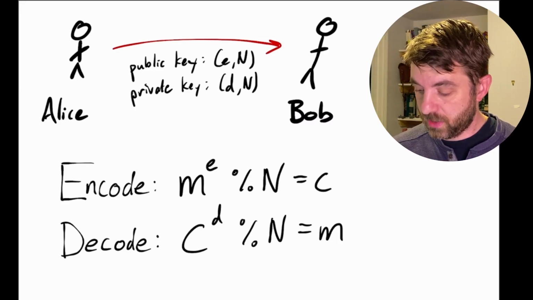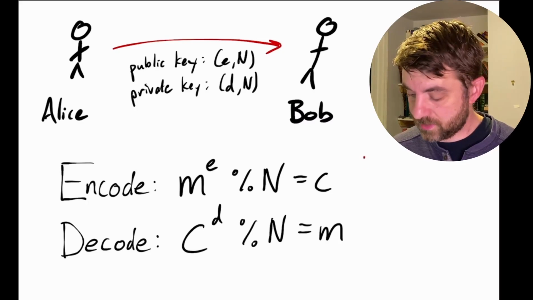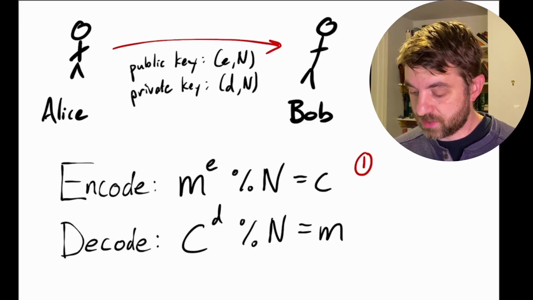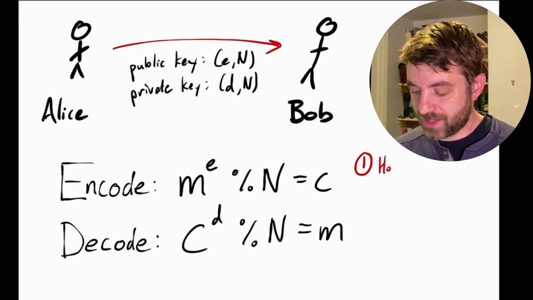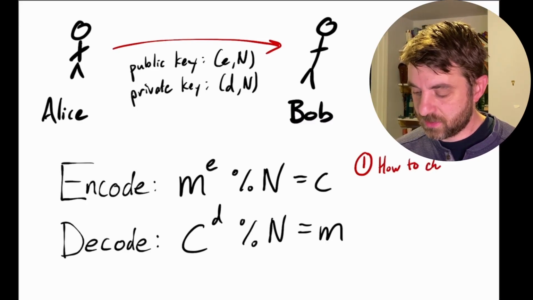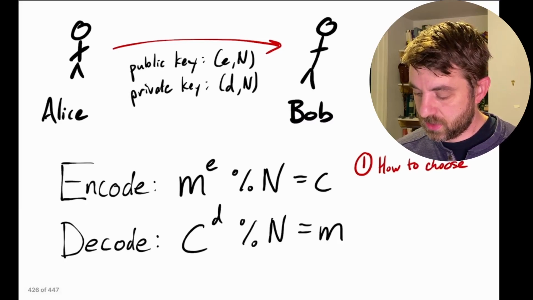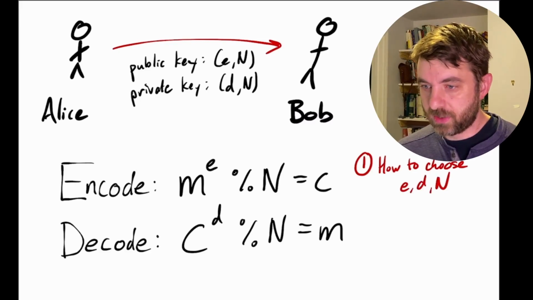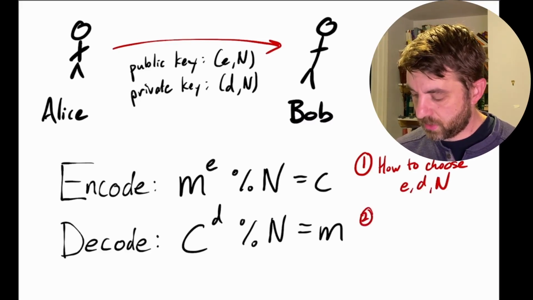There are three natural questions that maybe we want to ask now if we want to be able to run this system. The first is you have to decide how to choose the keys. So we have to choose E, D, and N. We also want to know, well, why does it work?